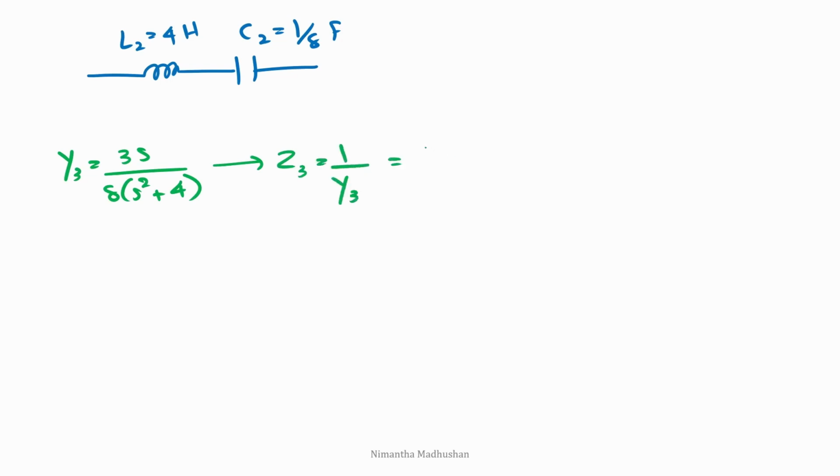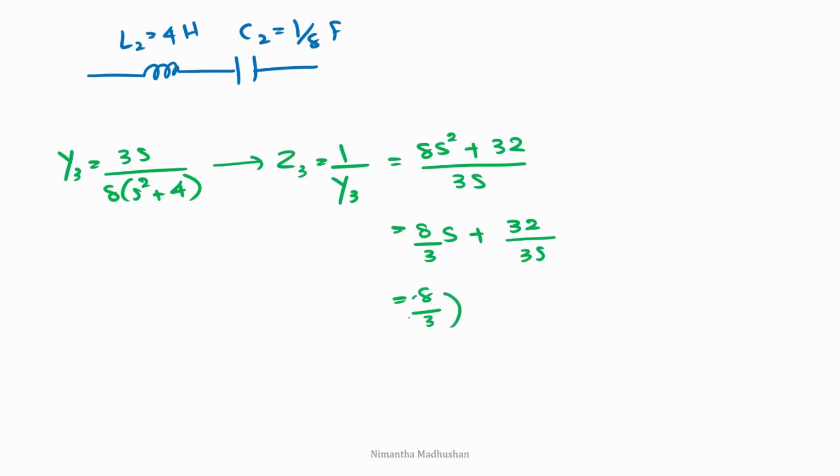It is equal to 8s squared plus 32 over 3s. Then I will divide into two parts: 8 over 3s plus 32 over 3s. I will rearrange this one: 8 over 3 s plus 1 over s times 3 over 32.